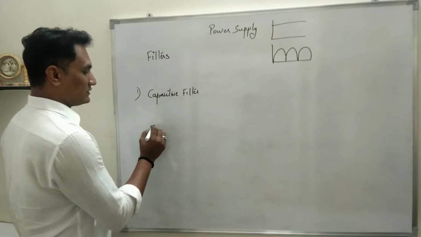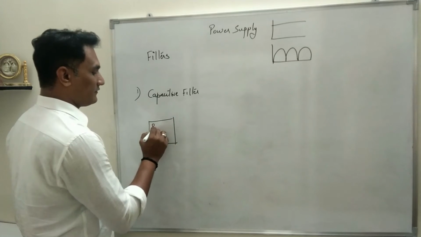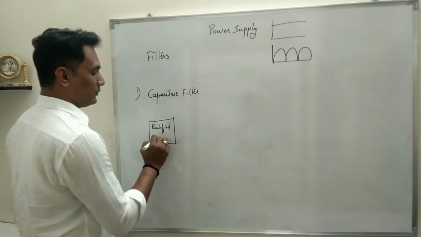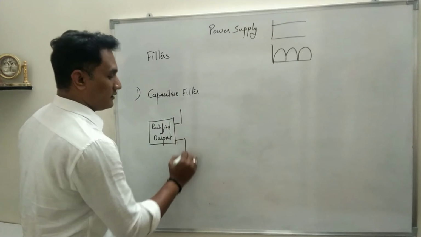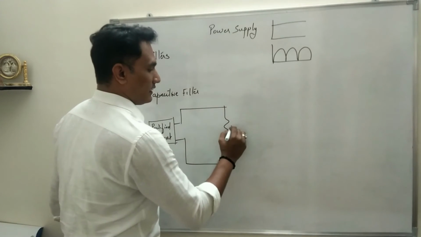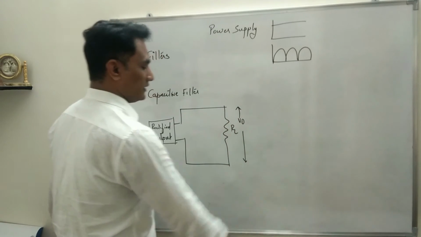Okay, so that is what I will specify here. Rectified output, and say this is the load resistance RL across which output voltage will be taken.